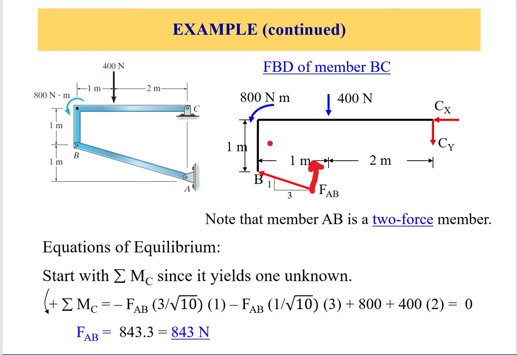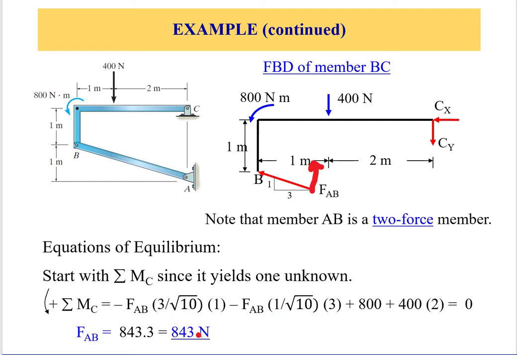What we expect this to do to the L-shaped beam is to rotate it clockwise, so it's negative. Both of them are negative, plus the free couple 800, plus the moment of the 400, which is distance 2 multiplied by 400, and that equals 0. We have one unknown, and that can be solved easily.